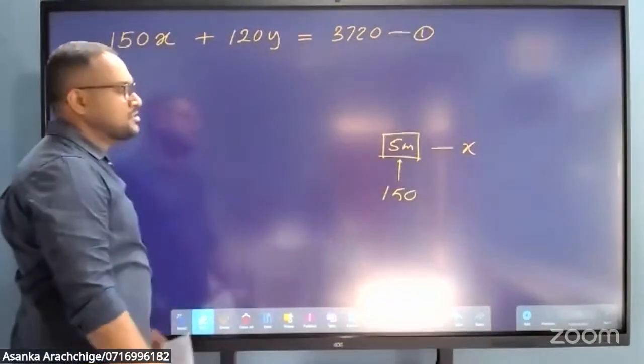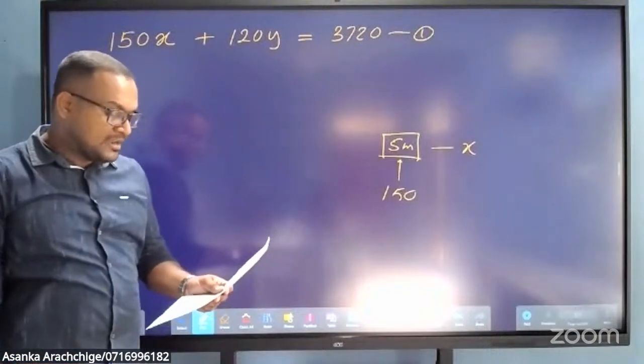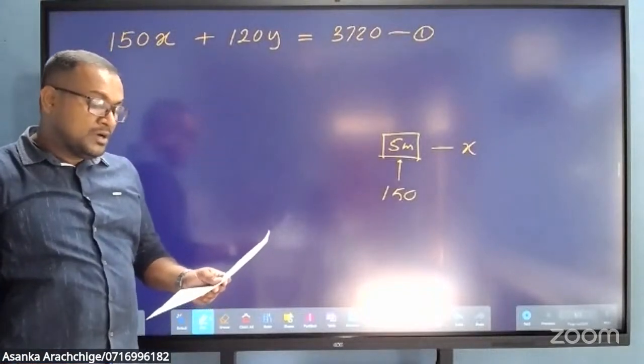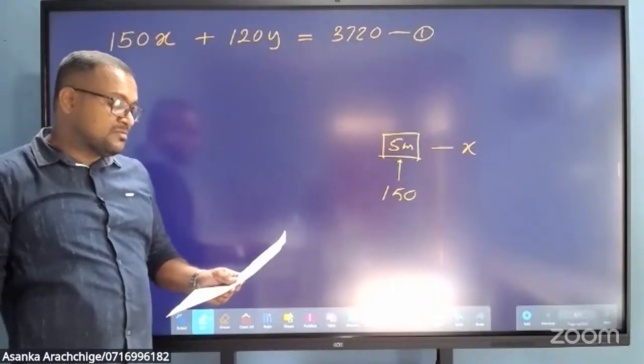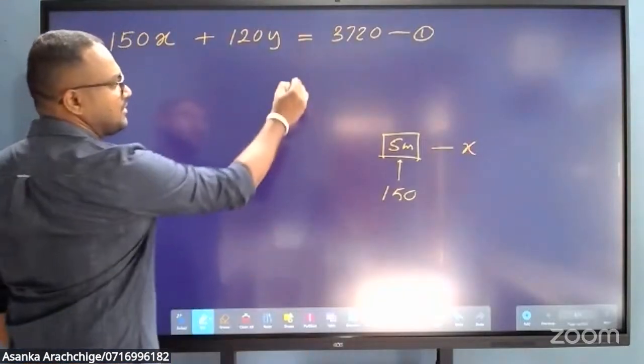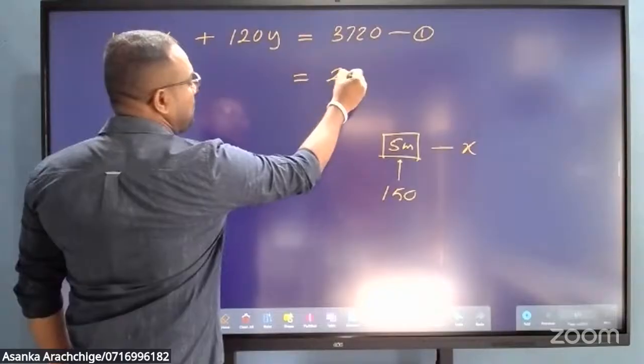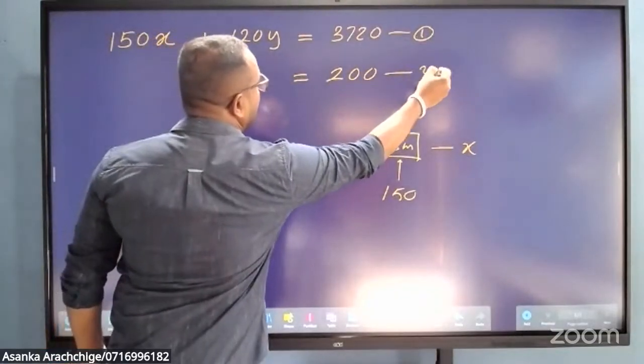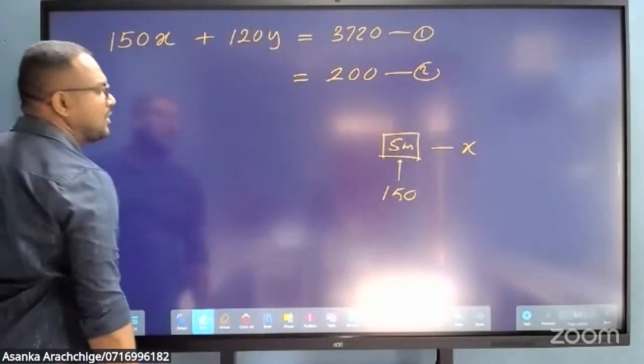This is the first equation. And the total number of plates that were bought was 200. මුළු plates ගාන 200. Then how can we get it? කොහොමද ගන්න පුළුවන් ඒක?